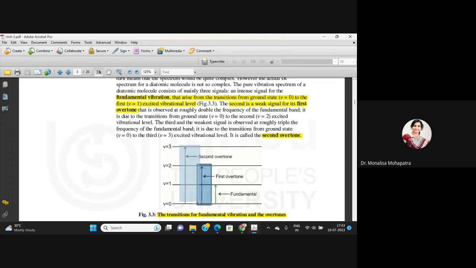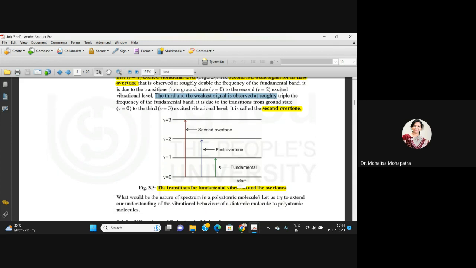Similarly, you get the second overtone when there is a transition from V0 to V3. Subsequently, the third overtone, like that. But always the fundamental band is more intense compared to the first and second overtones. Overtones are less intense and you get a weak signal due to them.